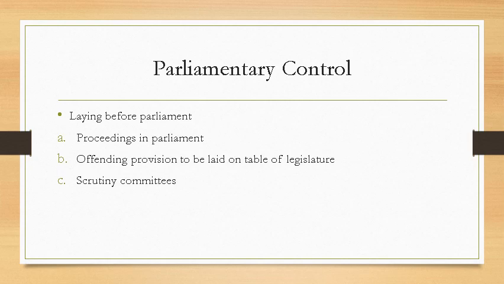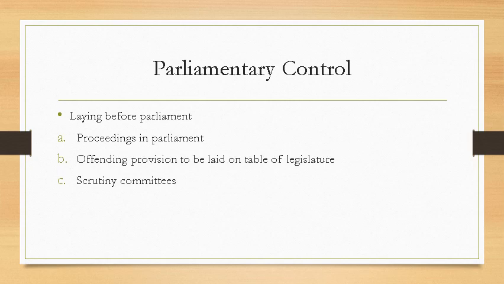Now, what we really do in this is, number one, we lay the delegated legislation before the parliament. There are so many acts in which it is clearly stated that rules and regulations are to be laid before the parliament. So this requires a higher level of scrutiny when you ask for laying before the parliament.